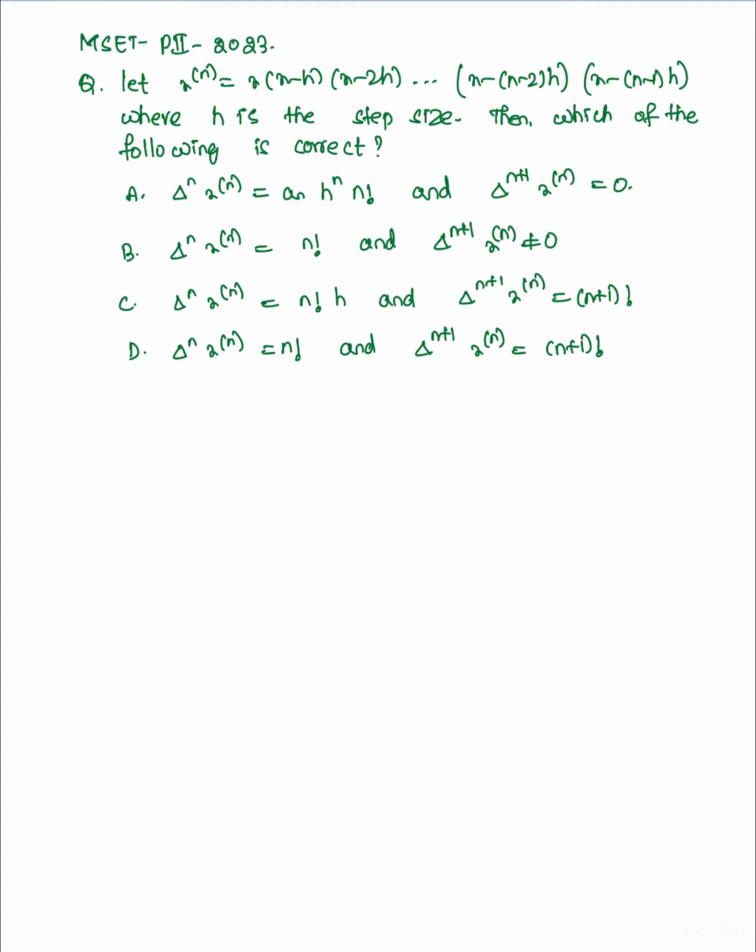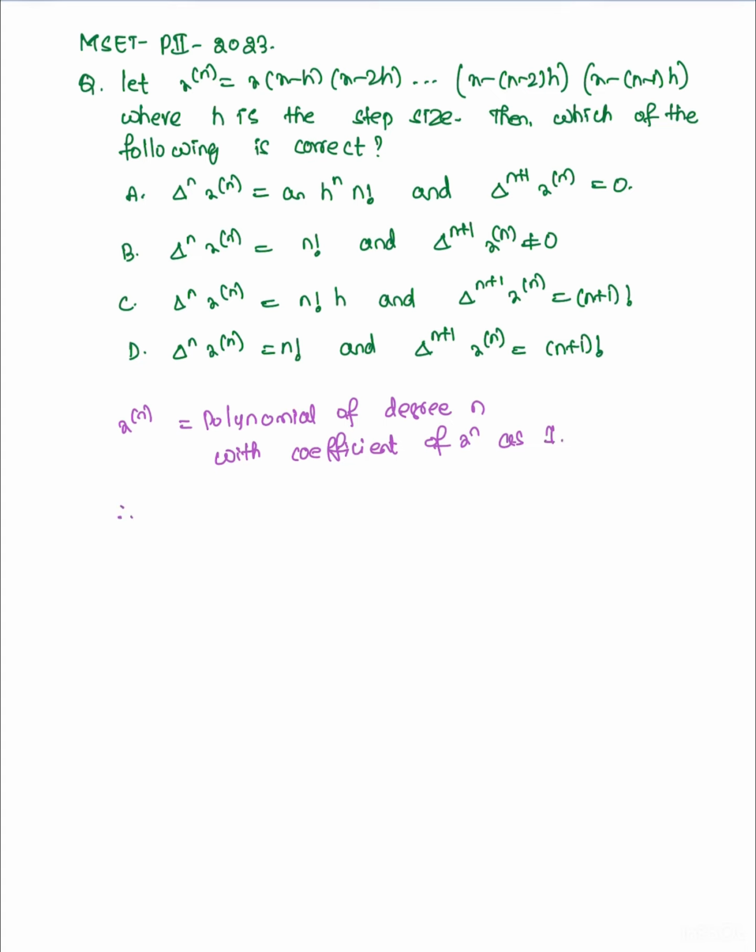We have to select the correct option. Here they have given x power n as x into some multiples of x, which gives a polynomial in x power n. So x power n is nothing but a polynomial of degree n with coefficient of x power n as 1.